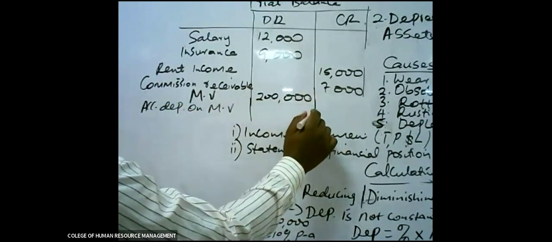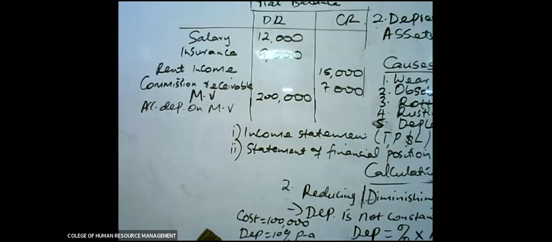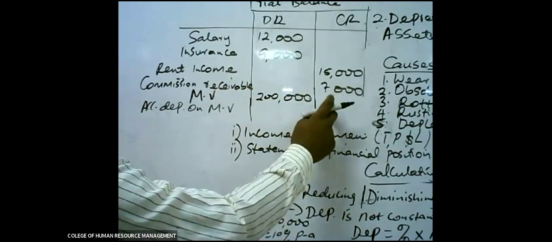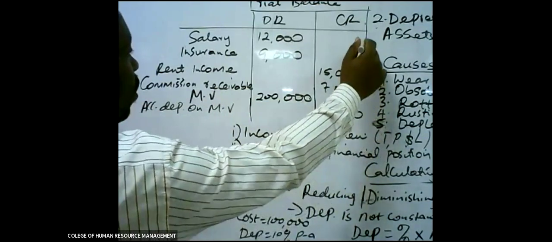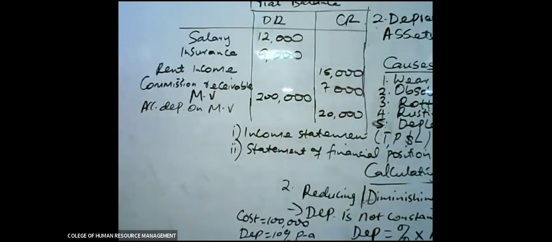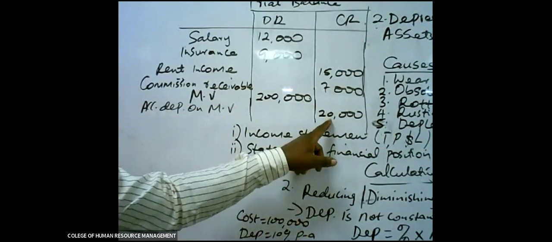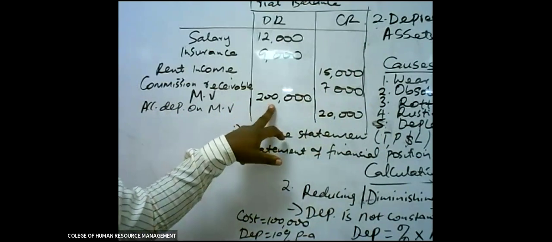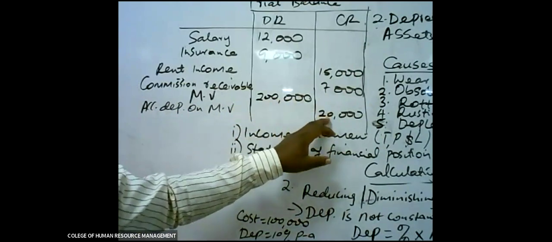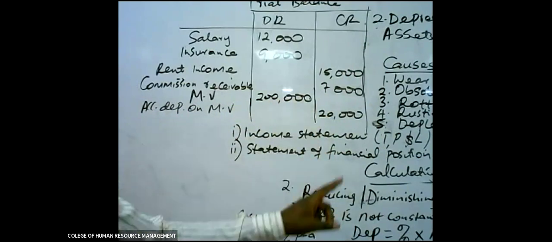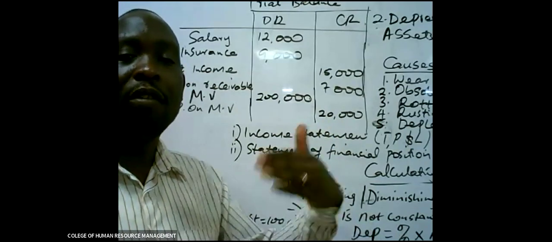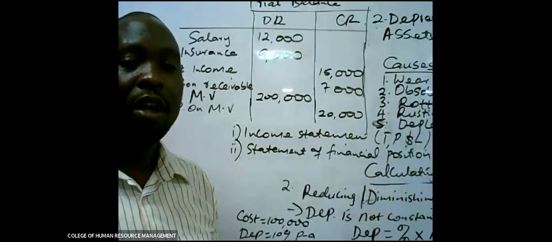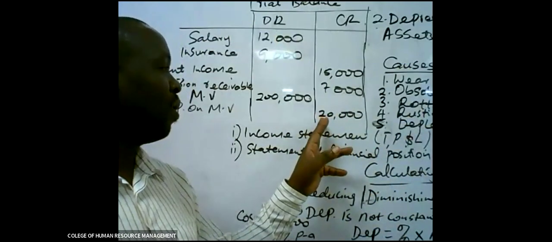All the provisions or estimated amounts are normally credited. You will be told maybe it is 20,000. Meaning that before the beginning of this year, it had already lost 20,000. We bought this motor vehicle at 200,000, but by the start of this year, already 20,000 had been depreciated, because the business is not starting yet. The business is a continuation from the previous periods. So from the previous period, we had already lost this.